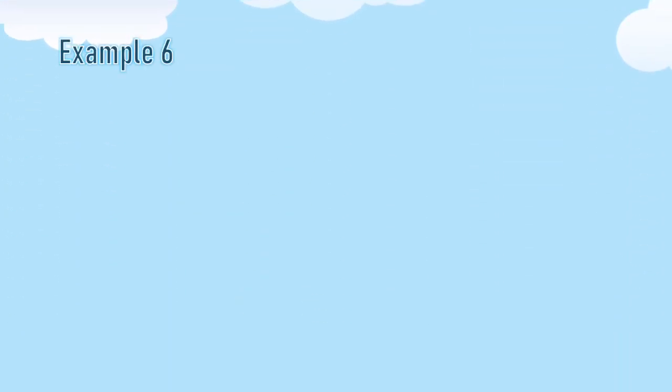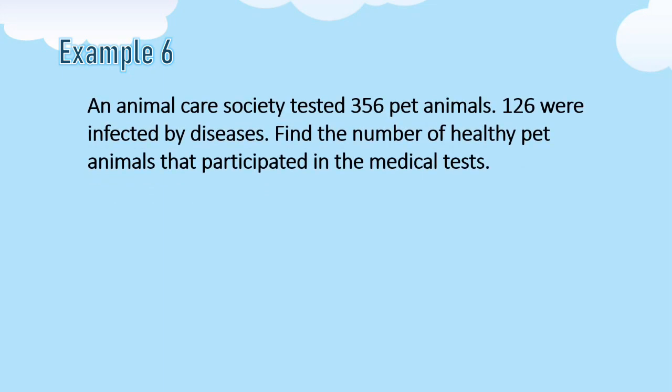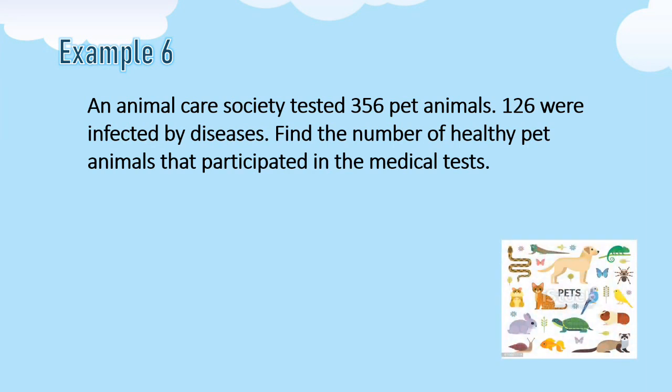Okay, look at example 6. An animal care society tested 356 pet animals. 126 were infected by diseases. Find the number of healthy pet animals that participated in the medical test. In this story, you have to subtract.